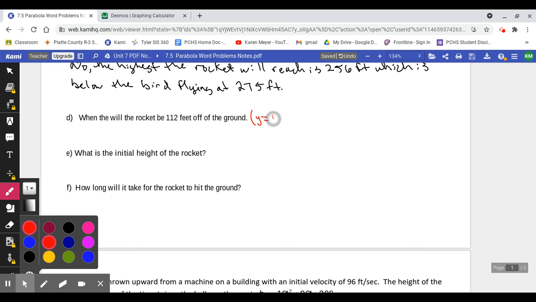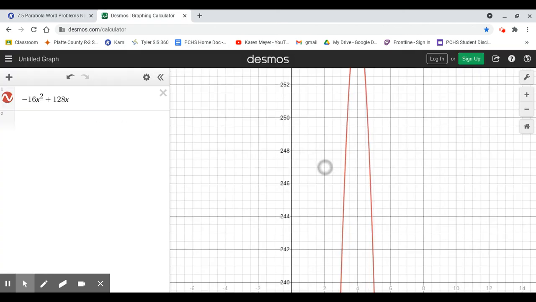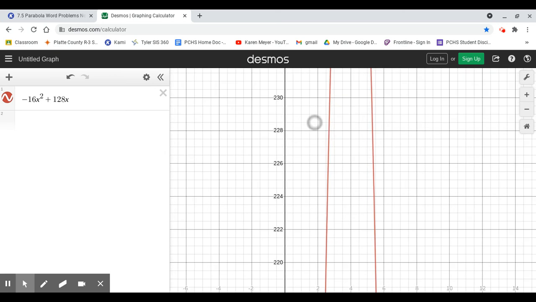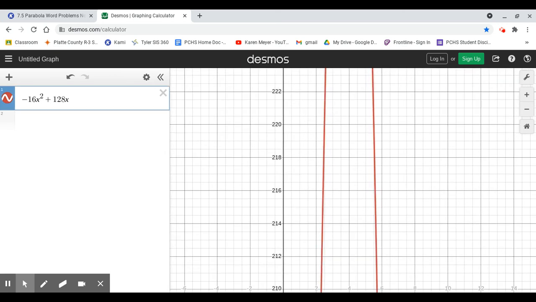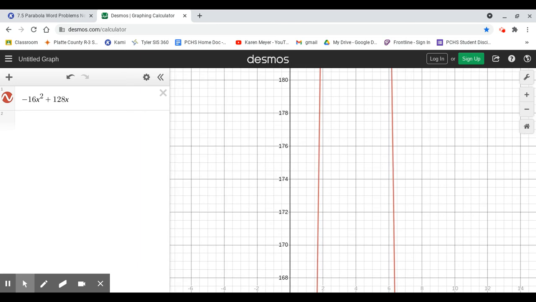So I'm basically telling you y is 112, and your job is to tell me the x value at 112. Okay, so back here to Desmos, gonna keep scrolling to 112.